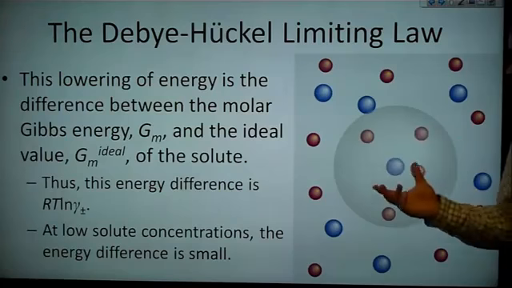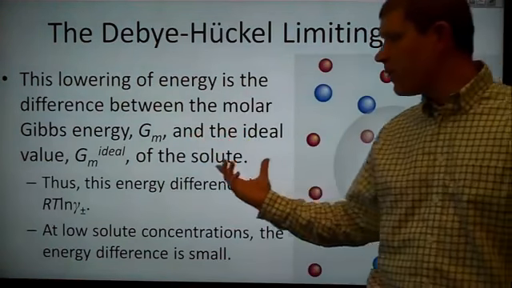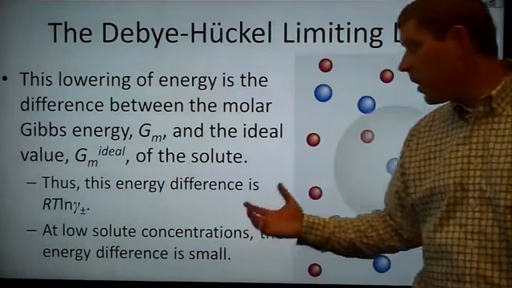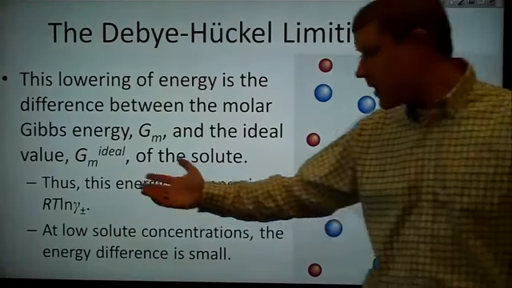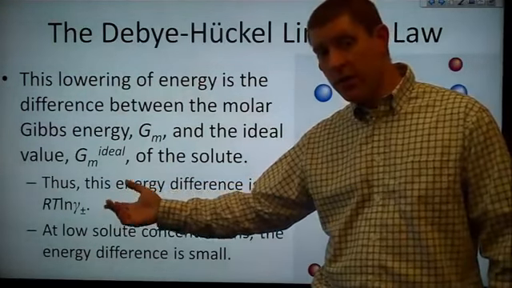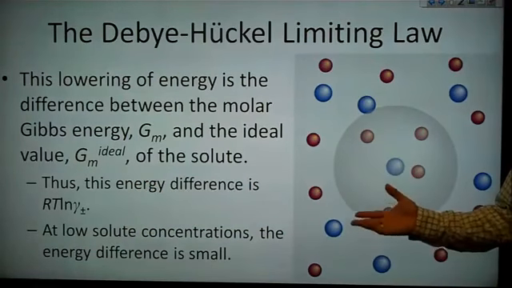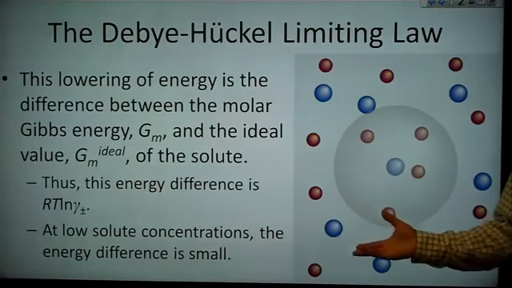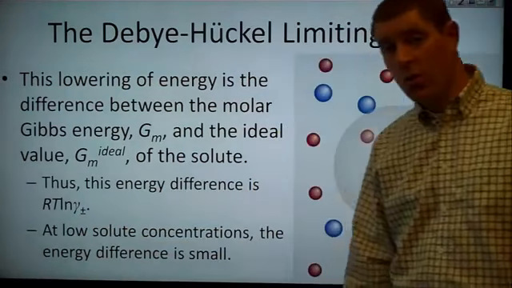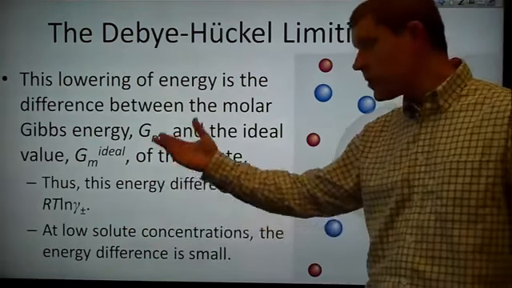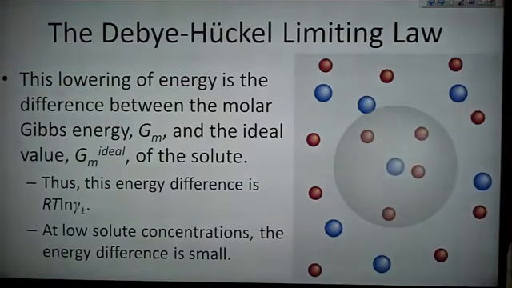And this lowering of energy is the difference between the molar Gibbs energy, Gm, and the ideal value, Gm ideal, of our solute. This energy difference is given by RT times the natural log of gamma plus-minus. At low solute concentrations, this energy difference is small, because at low concentrations gamma tends towards 1, so we have the natural log of 1, and that means the whole term is trending towards 0.